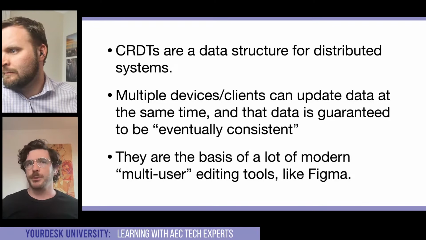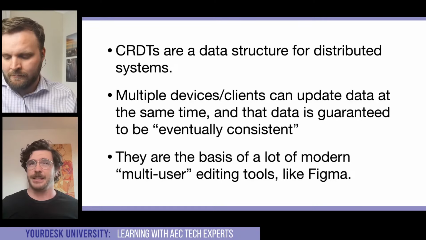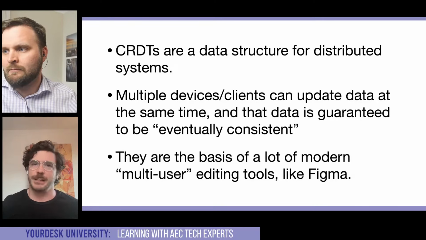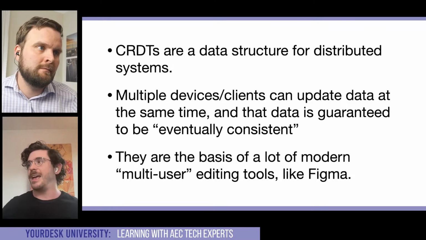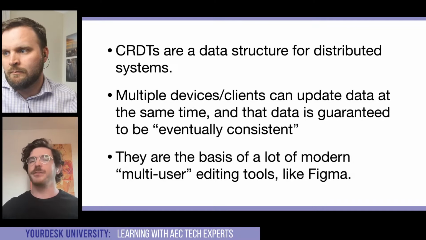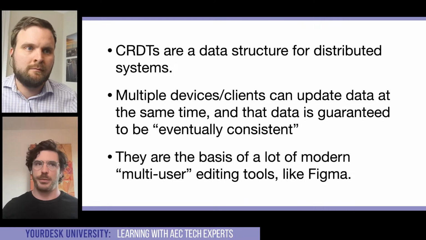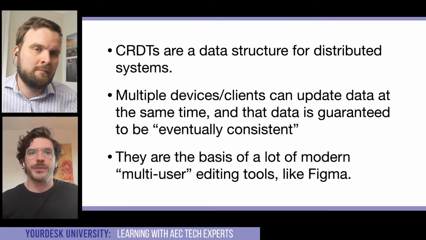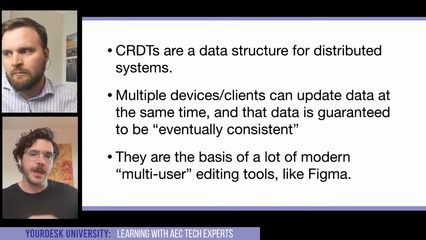So these multiple devices and clients can update data at the same time. That data is guaranteed to be eventually consistent. That's actually a technical term, which just means that eventually, after some arbitrary amount of time has passed, everyone will be looking at the same truth. And like I said, these are the basis for a lot of modern multi-user editing tools like Figma.